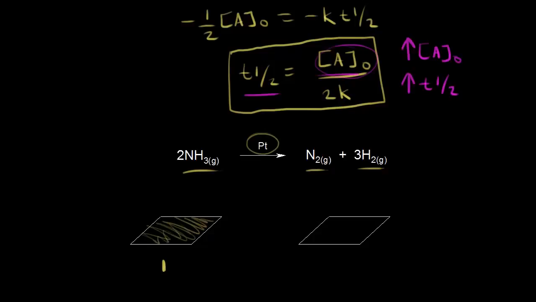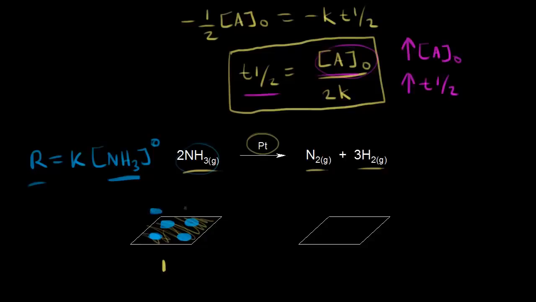Since the reaction occurs on the surface of the platinum, the ammonia molecules have to be in contact with our platinum surface. So let me draw in some ammonia molecules in blue here in contact with our platinum surface. Remember, this is a zero-order reaction, so the rate is equal to the rate constant times the concentration of ammonia to the 0 power. So increasing the concentration of ammonia doesn't affect the rate, and this picture helps us understand that a little bit better.